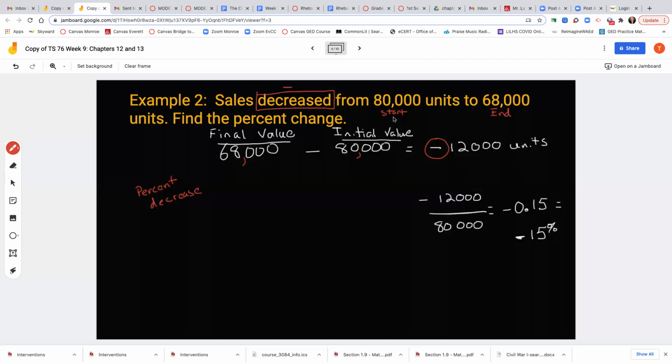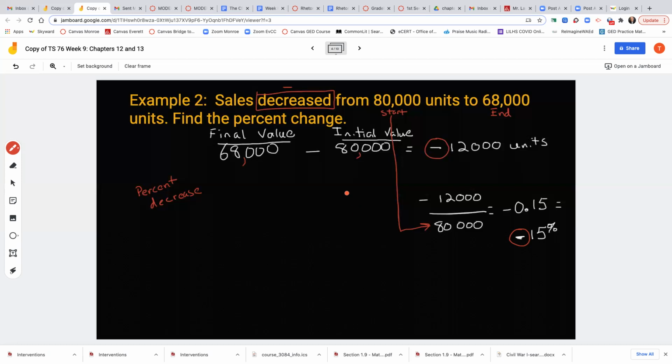So I'll take my initial value, there's my start value, and I'm going to divide it into my answer. I punch that in my calculator and I get 0.15, which is 15%, but it's going to be a minus 15%. So it was a 15% decrease in units, or it changed minus 15%.